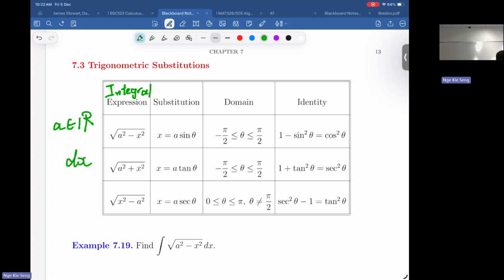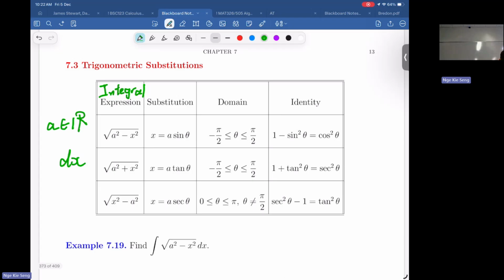So if you draw out the substitution, for example, x equals a sine theta, this means sine theta equals x over a. So what this means is you have a right angle triangle with the angle theta such that the opposite side is x, the hypotenuse is a. Then the adjacent side is the expression that you are substituting. Yeah or not?